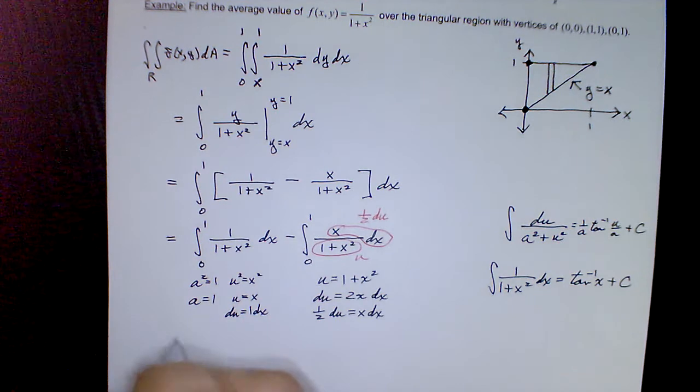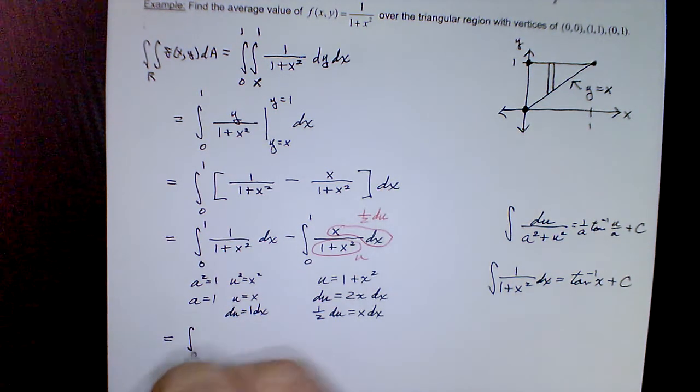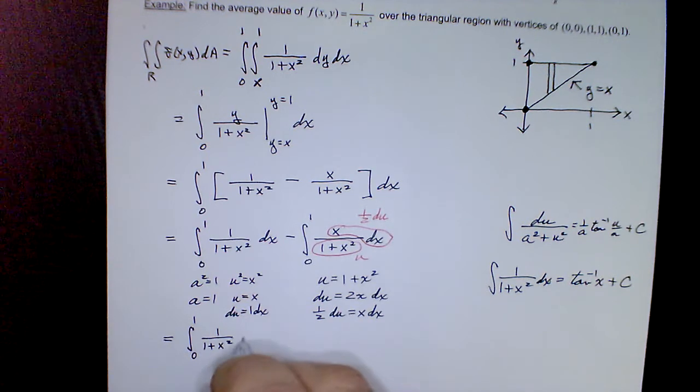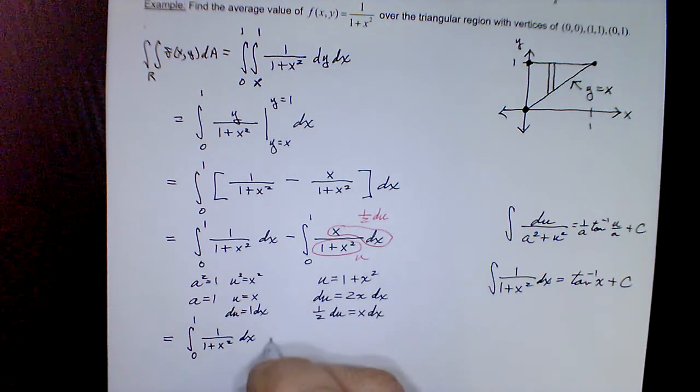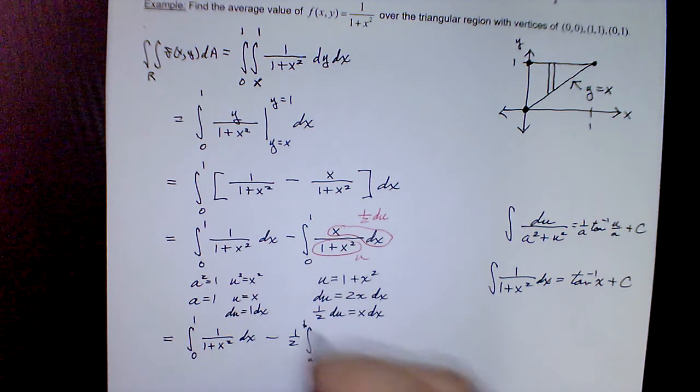So I'll just recopy this as it is for now, because again, no u substitution really necessary. If you want a u substitution here, minus 1/2, I'll do integral a to b du over u.